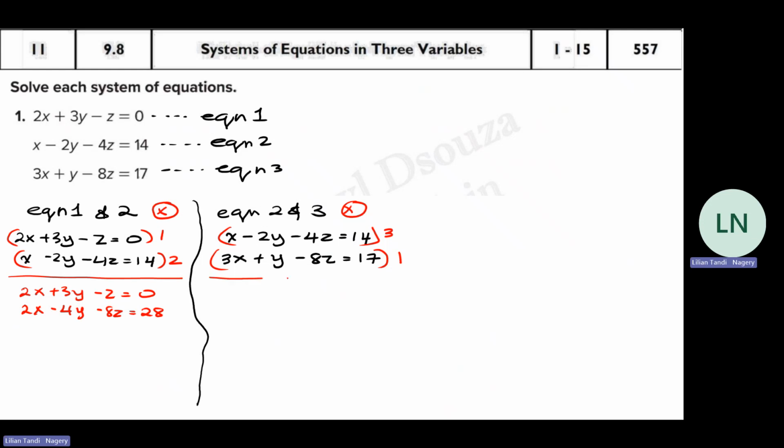Then over here, I have 3x minus 6y minus 12z equals 42. And then I have 3x plus y minus 8z equals 17.